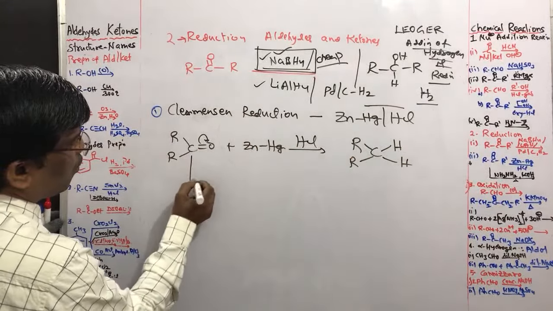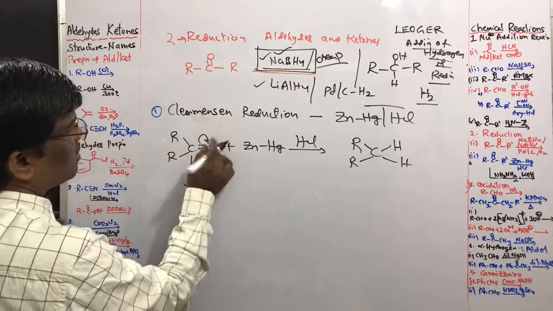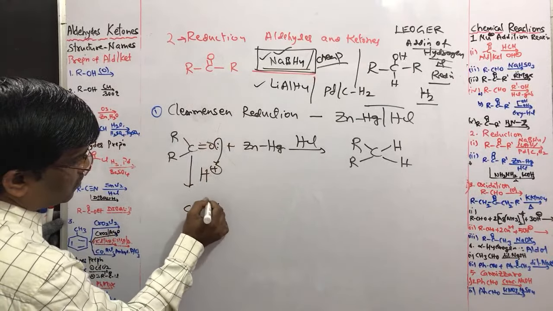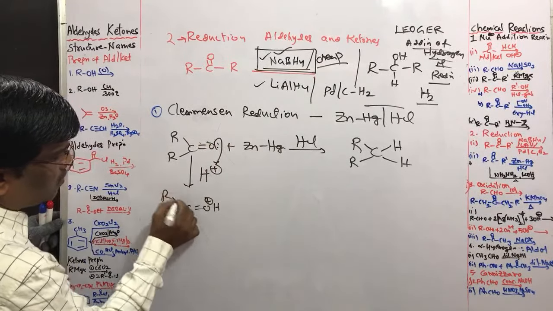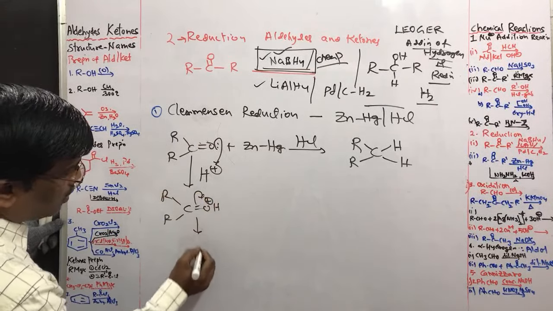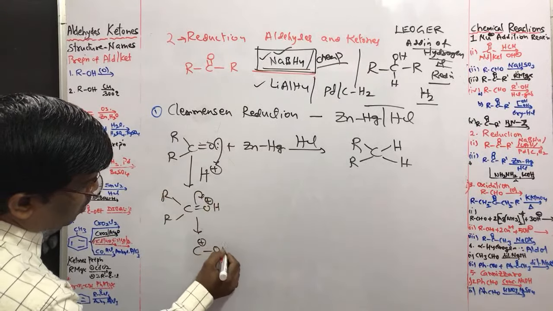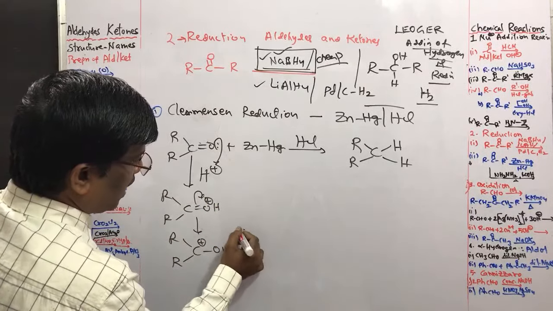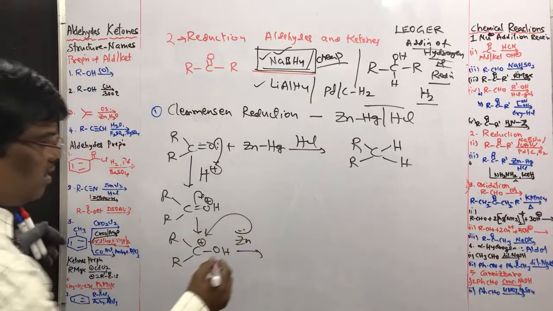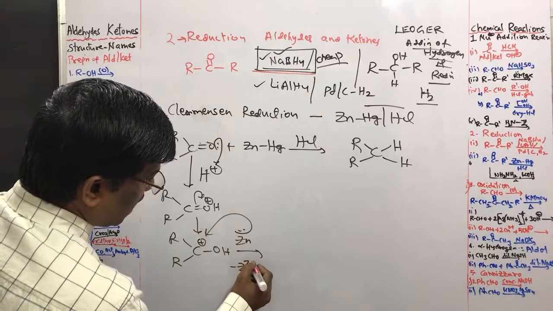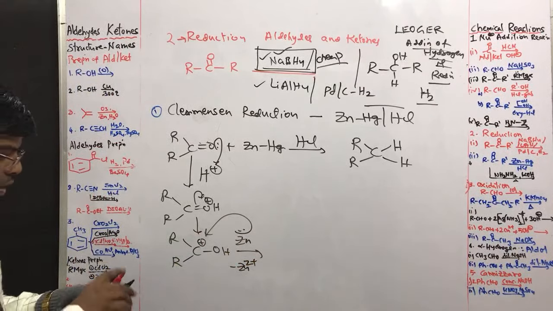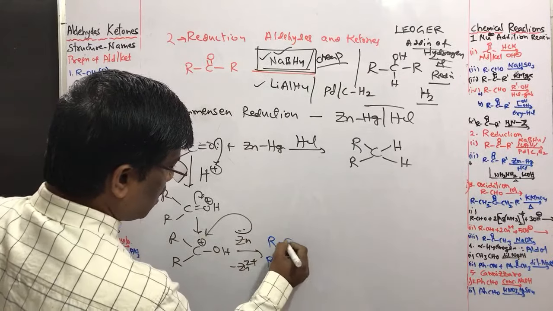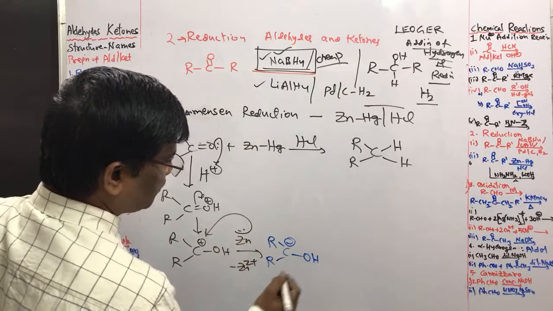So this carbonyl compound takes up H plus ions to form a protonated species, and the carbocation which is formed takes up 2 electrons transferred from zinc, and the zinc goes out as Zn 2 plus to give R negative and OH.